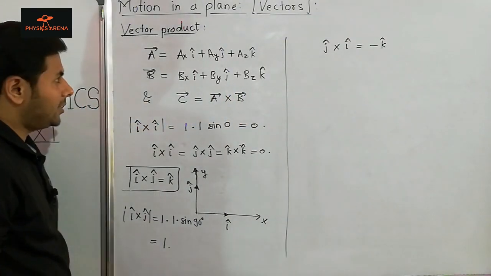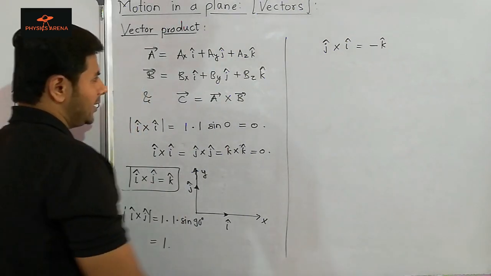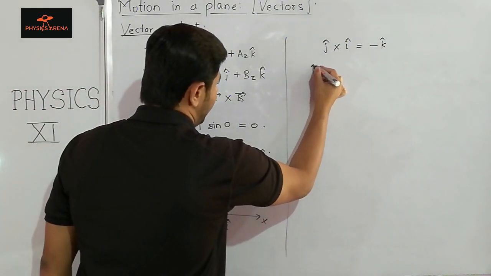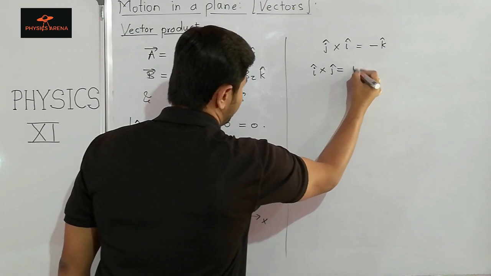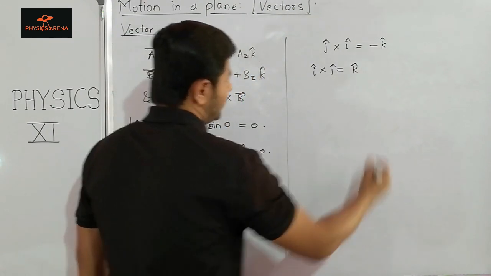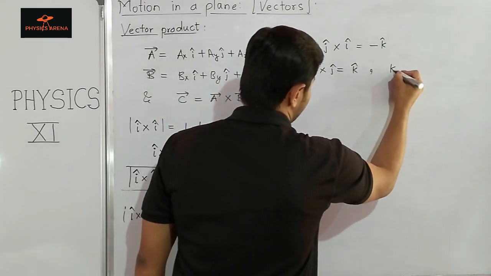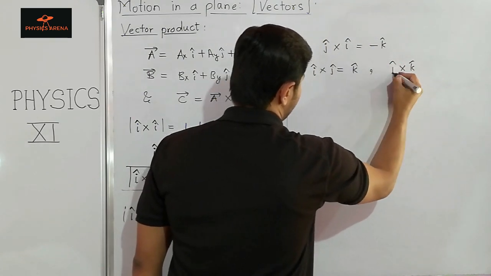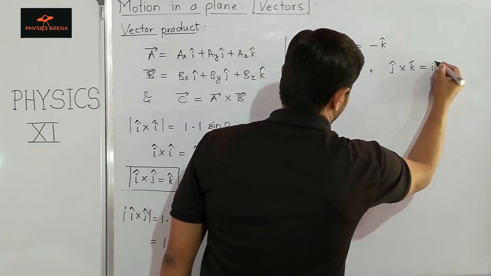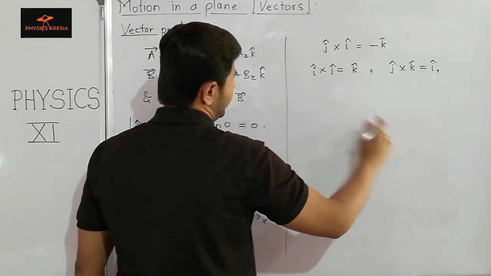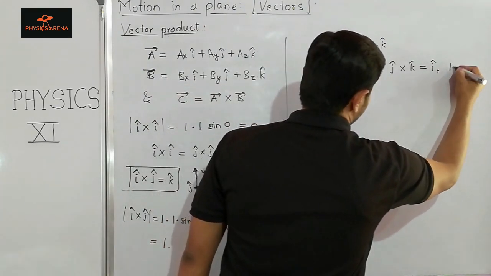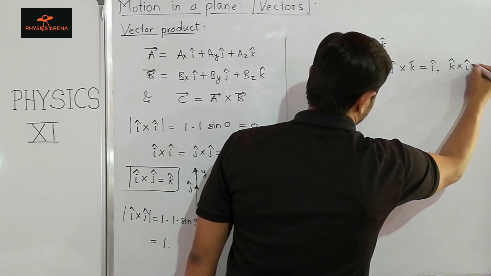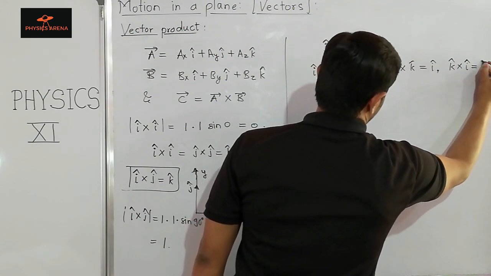Similarly, just like i cross j is k, j cross k will give me i, and k cross i will give me j.